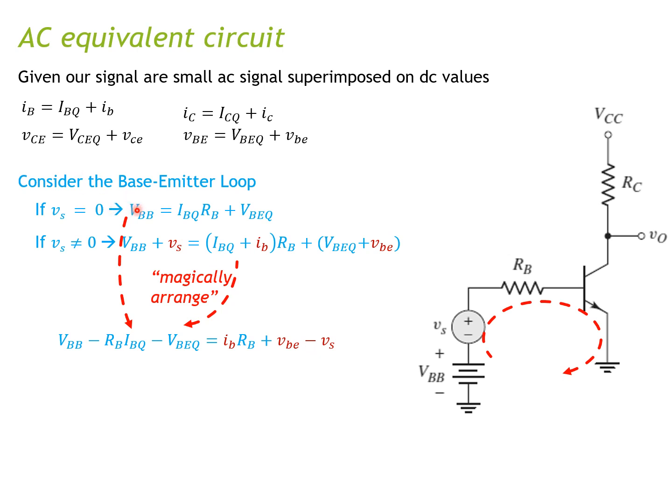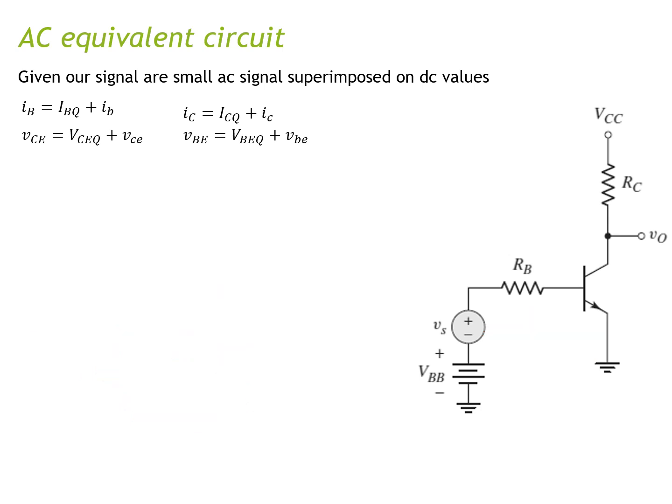Now you apply this equation to these terms, and you can have this whole term equal to 0. Why? Because technically you just have to move these two things over here, then you have VBB minus these two things equal 0. So you can get rid of these two terms here, and then you have this equation.